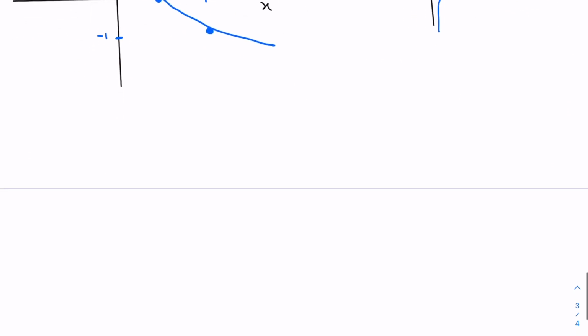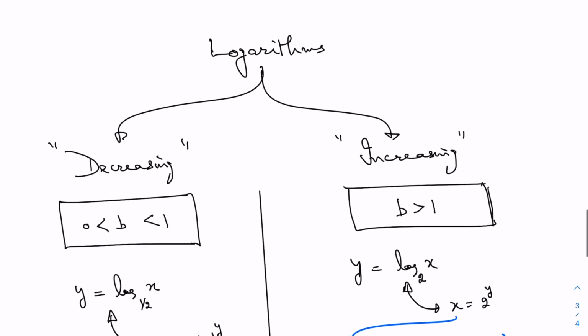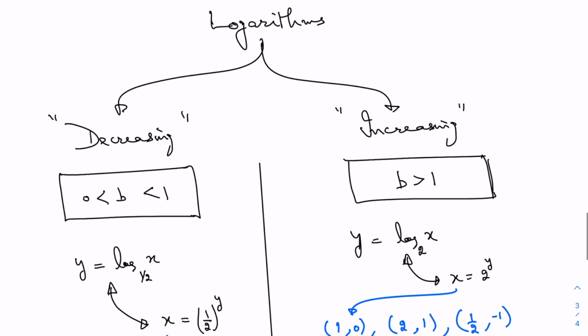Now let's talk about some commonly used bases. So base can be anything which is positive and not equal to 1, but there are certain typical bases that we use frequently. So let's just jot them down. There are three main bases that we use often.